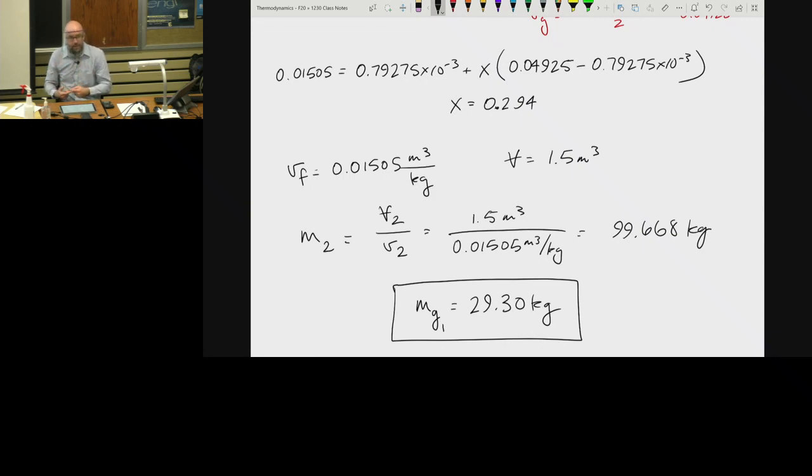There's a thought process that you have to go through, and you have to understand quality, and you have to understand rigid tanks, and you have to understand closed systems. You have to put all those pieces together to get your final answer. And as we practice that, by doing homework after homework and example after example, you're going to start to gain that perspective, and you're going to start to see that in your head.